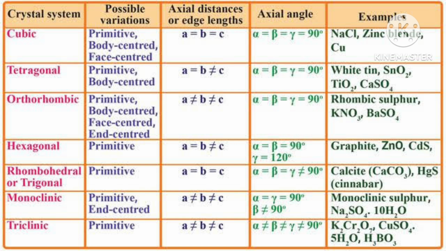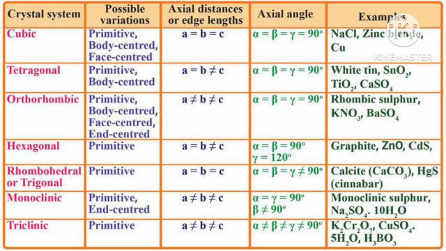You can say there are 14 possible structures in total. Correct? But they differ: cubic 3, tetragonal 2, orthorhombic 4, hexagonal 1, rhombohedral 1, monoclinic 2, and triclinic 1.